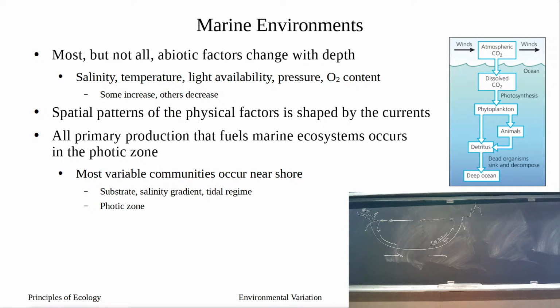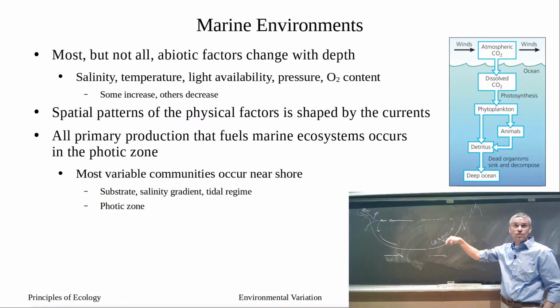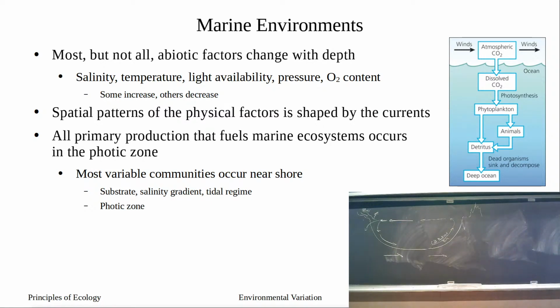So we can't really set up generalities because it varies based on where we're at. Are we at an upwelling, or are we at a downwelling? Or are we in tropical shallow areas, or in polar deep areas, and so forth? Some of these things are going to increase, some of them will decrease, and it's specific to where we're at. A lot of those variations are going to be driven by the currents themselves.